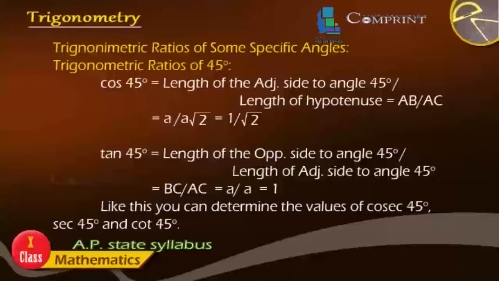Tan 45 degrees is equal to length of the opposite side to angle 45 degrees by length of adjacent side to angle 45 degrees is equal to BC by AB is equal to a by a is equal to 1. Like this, you can determine the values of cosecant 45 degrees, secant 45 degrees and cot 45 degrees.